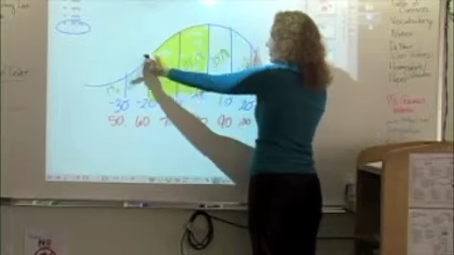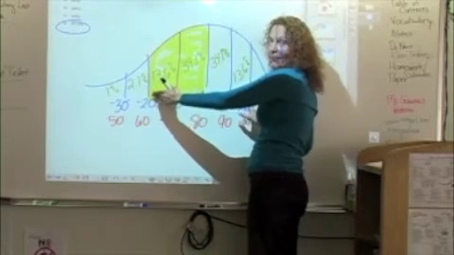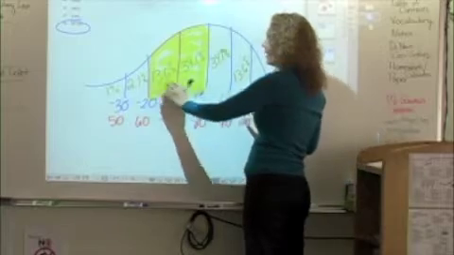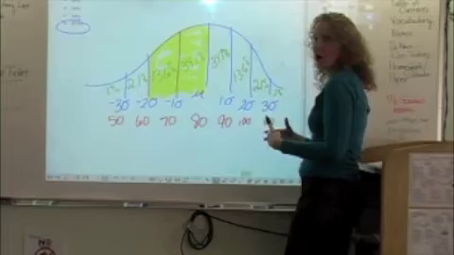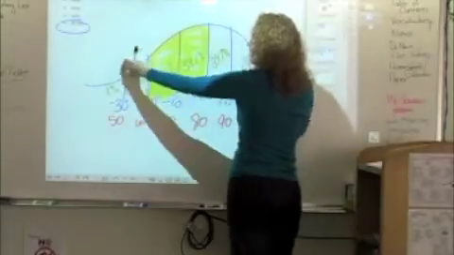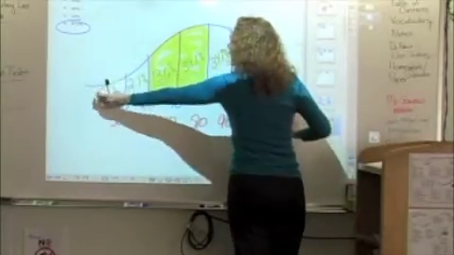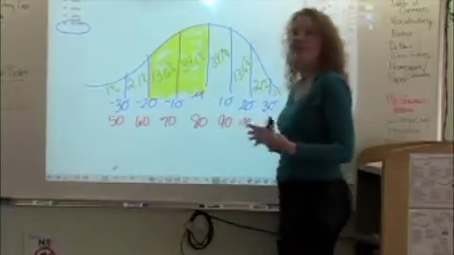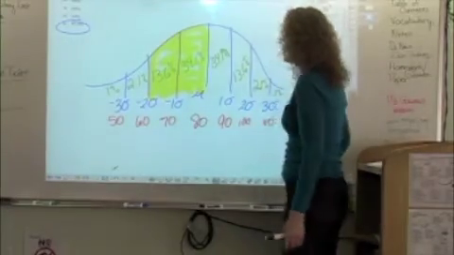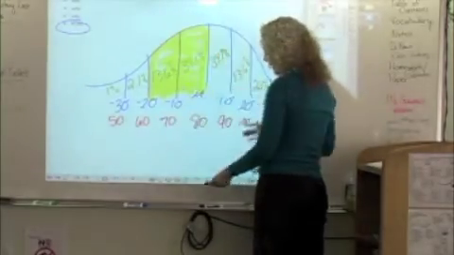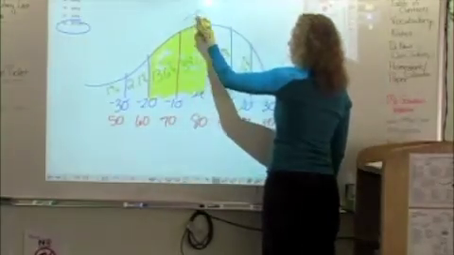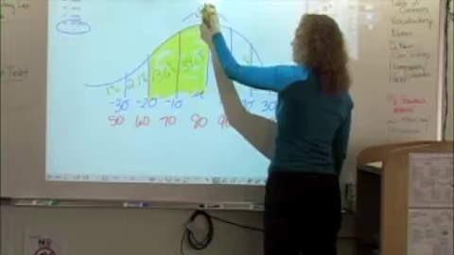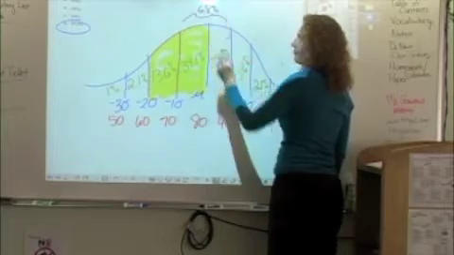Now, if you recall standard deviations, within one standard deviation lies 68% of the data, roughly. Within two standard deviations is 95% of the data. And then we can just keep on adding those on. So this is about 99% of the data, and then our last little bit is roughly the full 100% of the data. So again, one standard deviation away, you're looking at about 68% of the data.